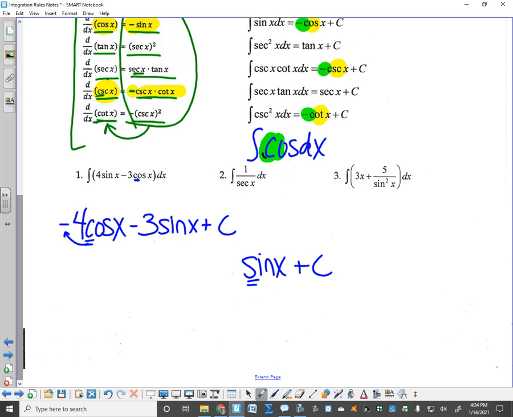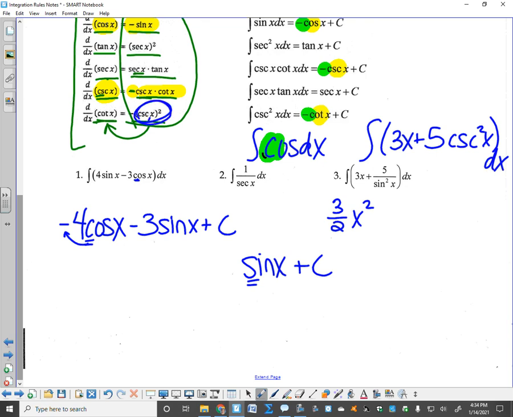Okay, let's rewrite this guy. Sine on the bottom is a cosecant squared on top. So 3 would be 3 over 2x squared. All right, cosecant squared was the derivative of cotangent.